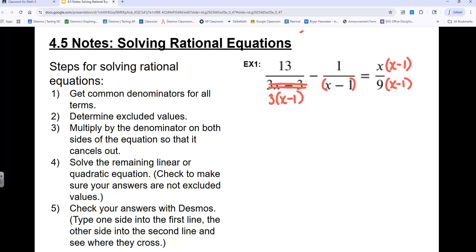But the numbers also have to match, okay? So this one has a 9. This one doesn't have any number with it at all. And this one has a 3. What number could I use to get those to match? What number do I want them to be in the bottom?